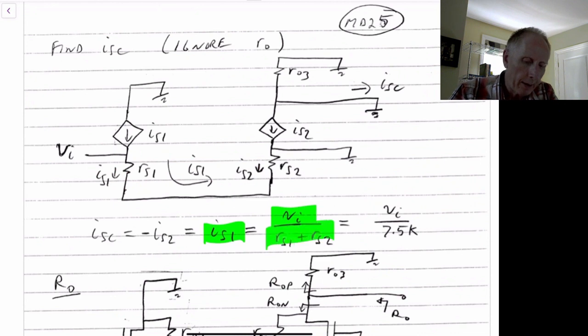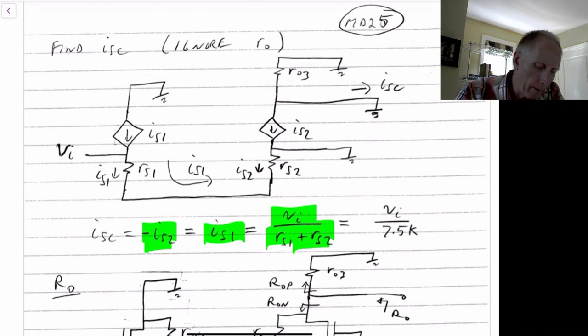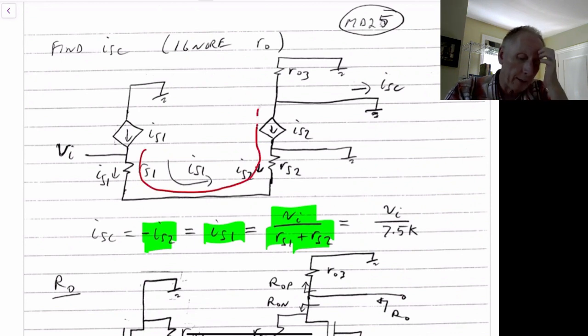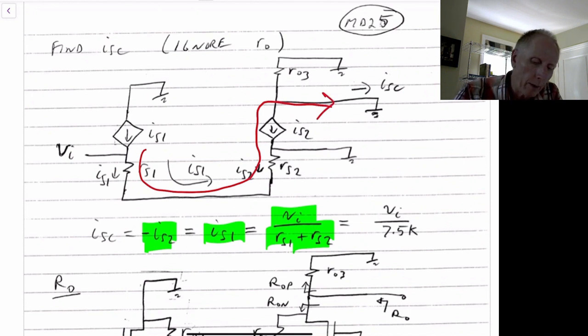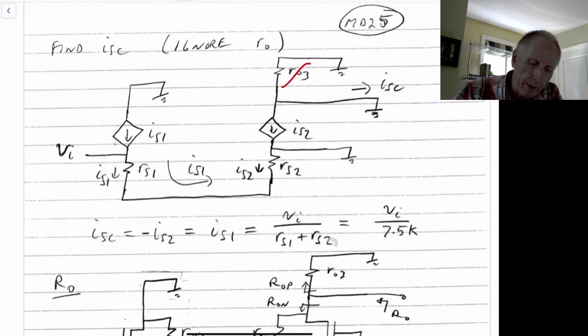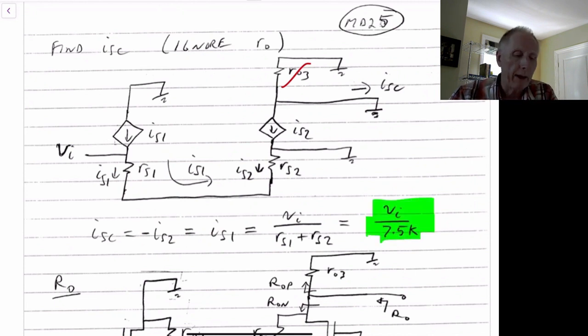Now IS1 becomes minus IS2. IS1 is going in this direction, flows up through here, and then flows down through that direction. So IS1 is the same direction as ISC, and this is grounded, so RO3 does not come into play here. So we finally have that ISC is given by VI divided by 7.5 kilo ohms.